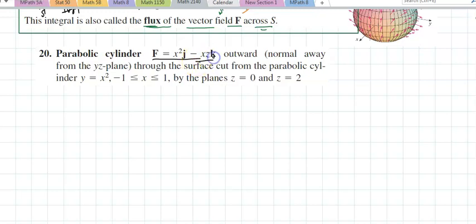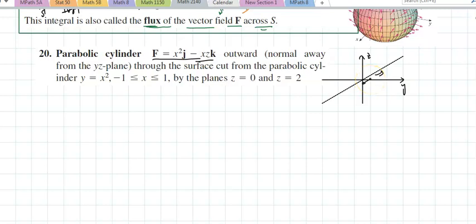There's the vector field. We were saying outwards, normal away from the YZ plane. There is Z and there is Y. So outwards, normal away from, so it could be in this direction or this direction, through the surface cut by the paraboloid y equals x squared.